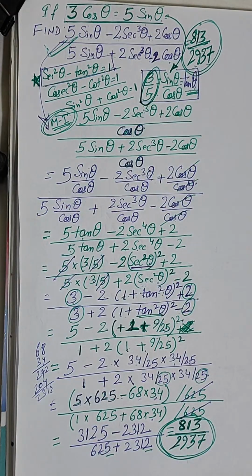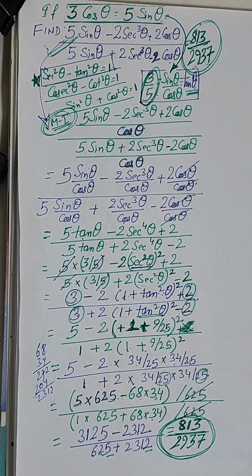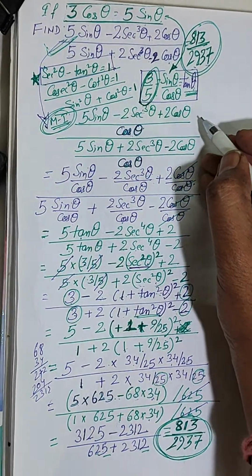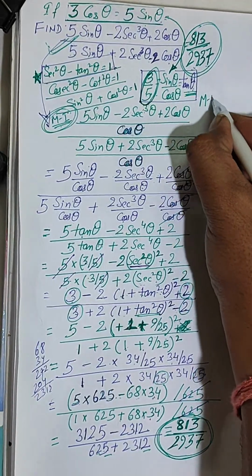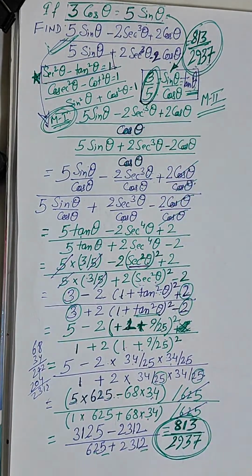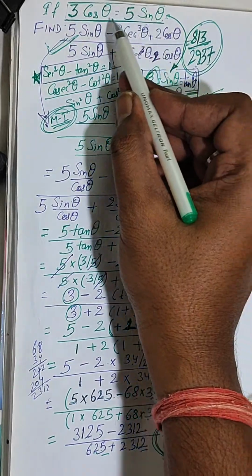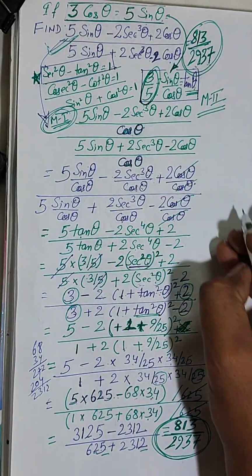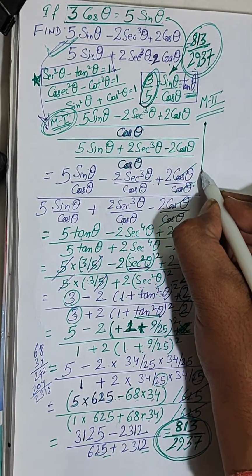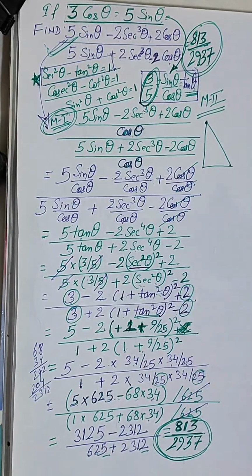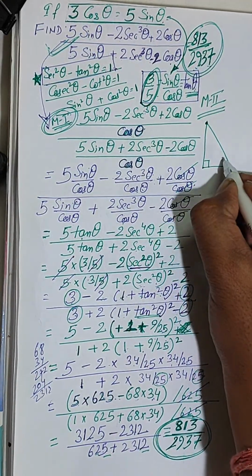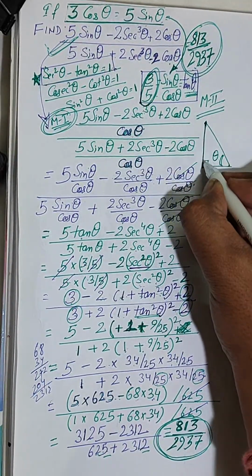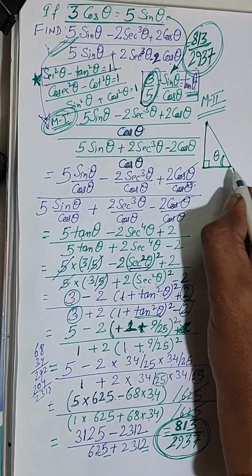You can see for method number 2, there is another method which we can use over here. If sine theta by cos theta is 3 by 5, then you can use this relation: if there is a right angle triangle with an angle theta over here, then this will be perpendicular, and this will be base.